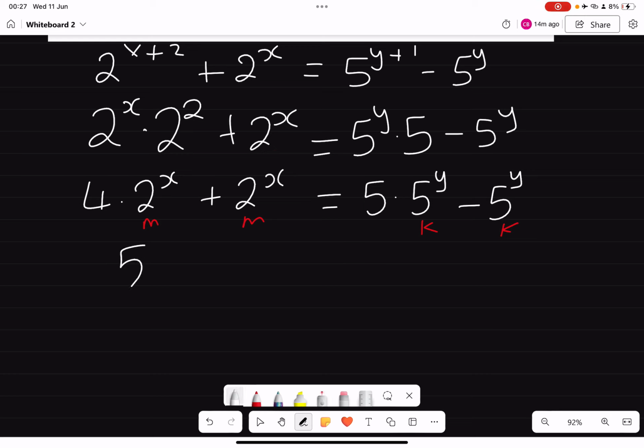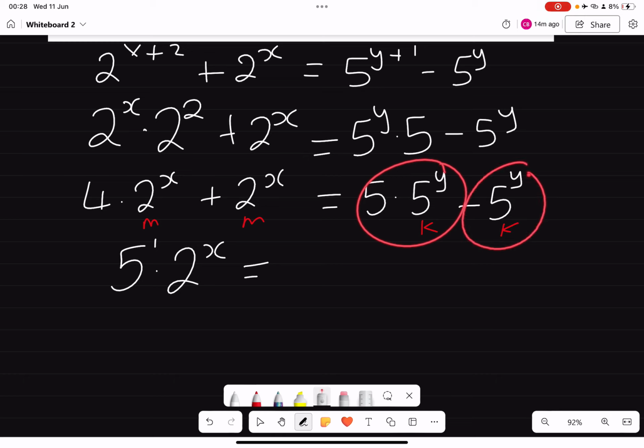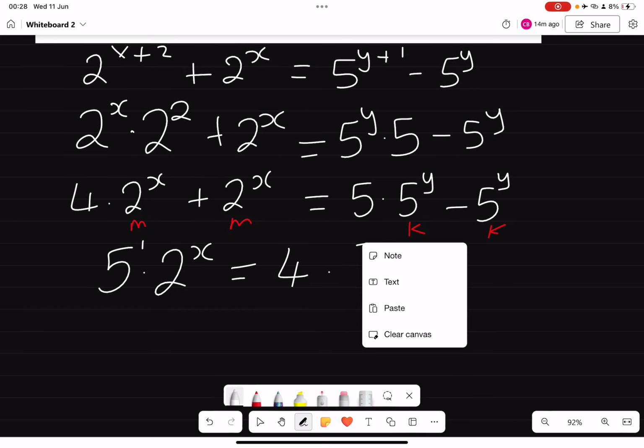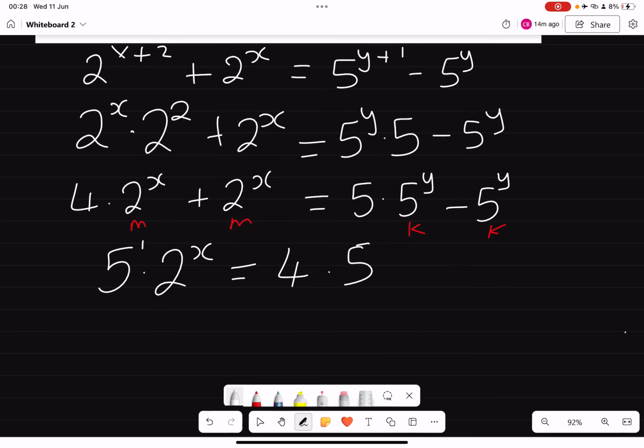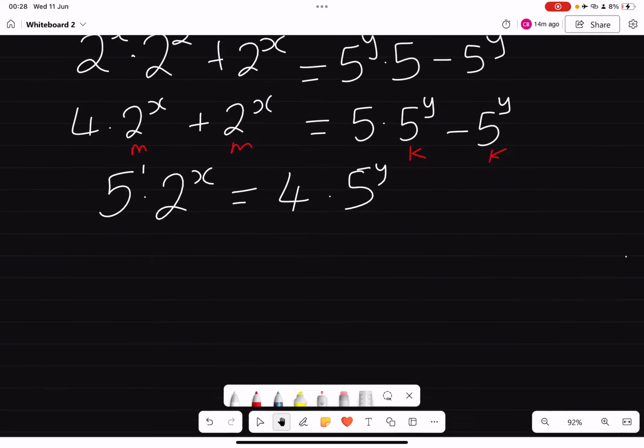So we're going to have 5 dot 2 to the power x, but this is 5 to the 1, equals, this side is like we have 5k minus k. That gives us 4k. So we have 4 dot 5 to the power of y. Do you see it?